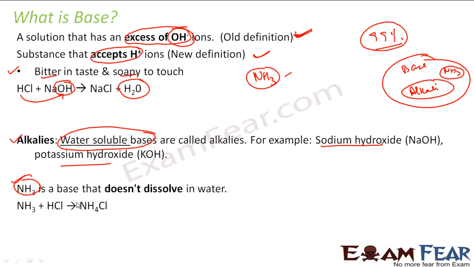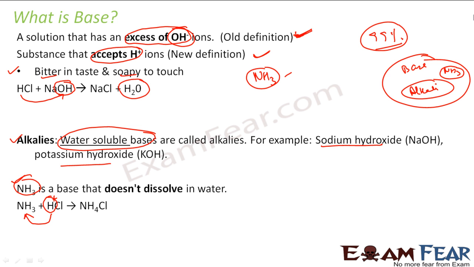So with the old definition, we will not be able to justify this equation, but with the new definition that a base accepts H plus ion, we can justify this equation and we can say ammonia is a base, because ammonia will take one hydrogen ion from this, giving NH4. So if you see, we have two definitions of base. The old definition was excess of OH minus ion, and the new definition is something that accepts H plus ion.